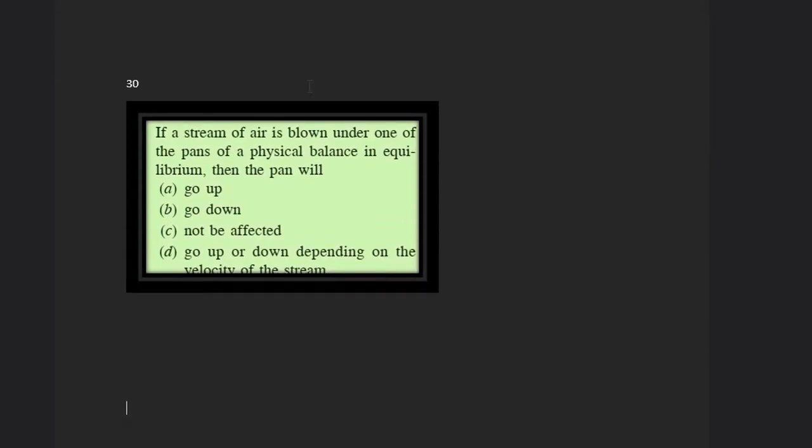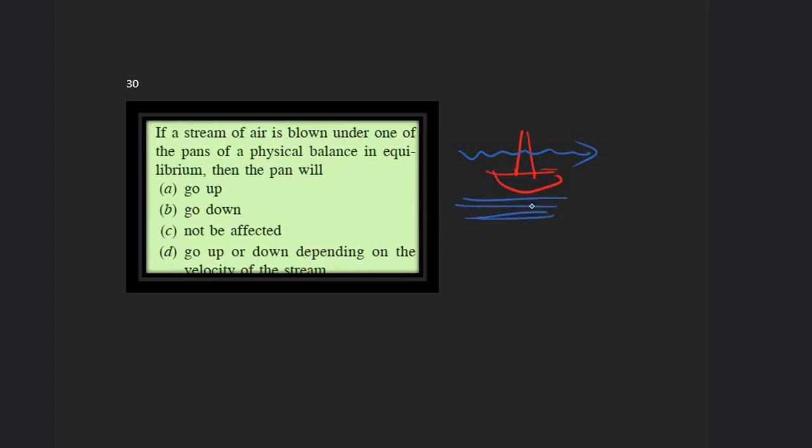Question number 30, our last question. If a stream of air blows under one of the pans of a physical balance in equilibrium, the pan will, so what happens? Think of it. A stream of air is blown under one of the pans.